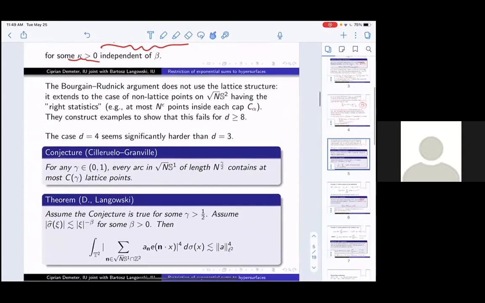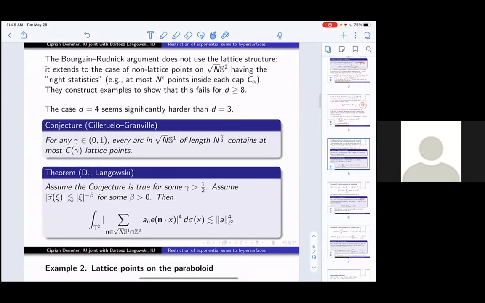Okay, so d equals 4 is difficult, but there are questions even in 2 dimensions, and we have one page at the end of our paper proving this little cute result. It's a result that builds on a conjecture by Cilleruelo and Granville.